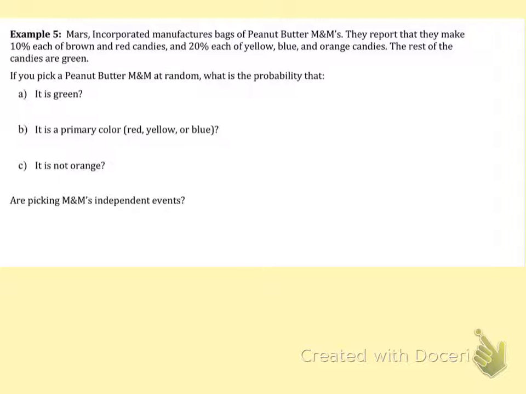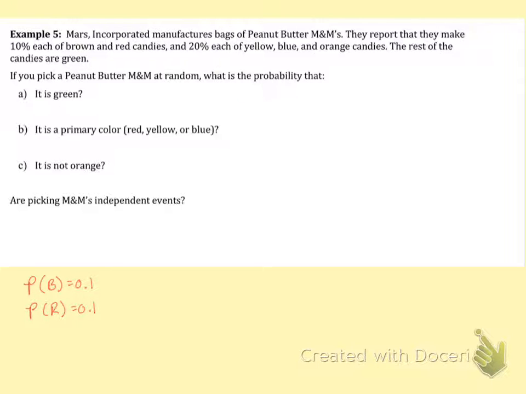So before I go and answer any of the questions, I'm going to gather all of the information that we know. I'm going to put it down here in yellow. We know that the probability that a candy is brown, so I'm going to use B, is 0.1, and the probability that a candy is red is also 0.1.